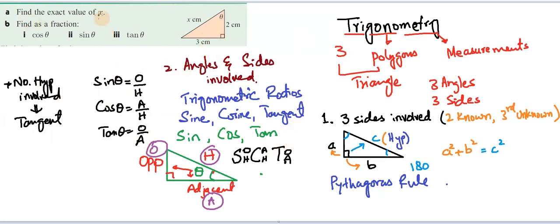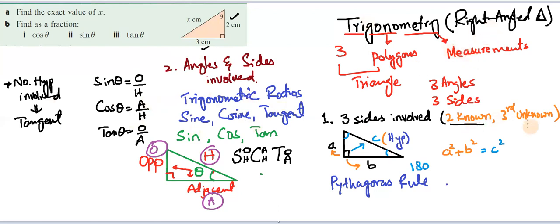It says find the exact value of x. If you consider part A, we do know two sides and we are required to find the third side. Before I forget, I should have mentioned at the very start that all this discussion for Pythagoras rule or trigonometric ratios is done in a right angled triangle.